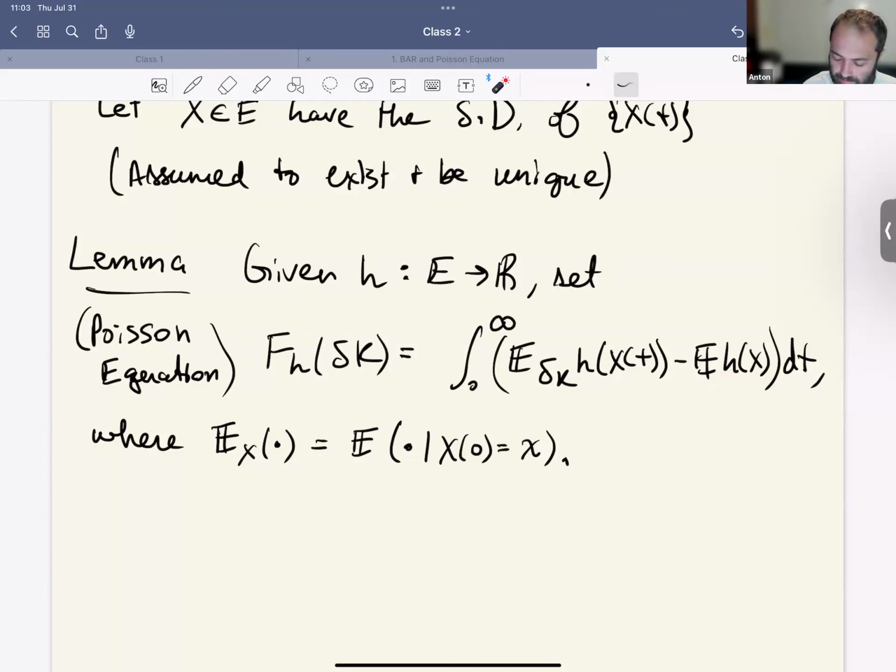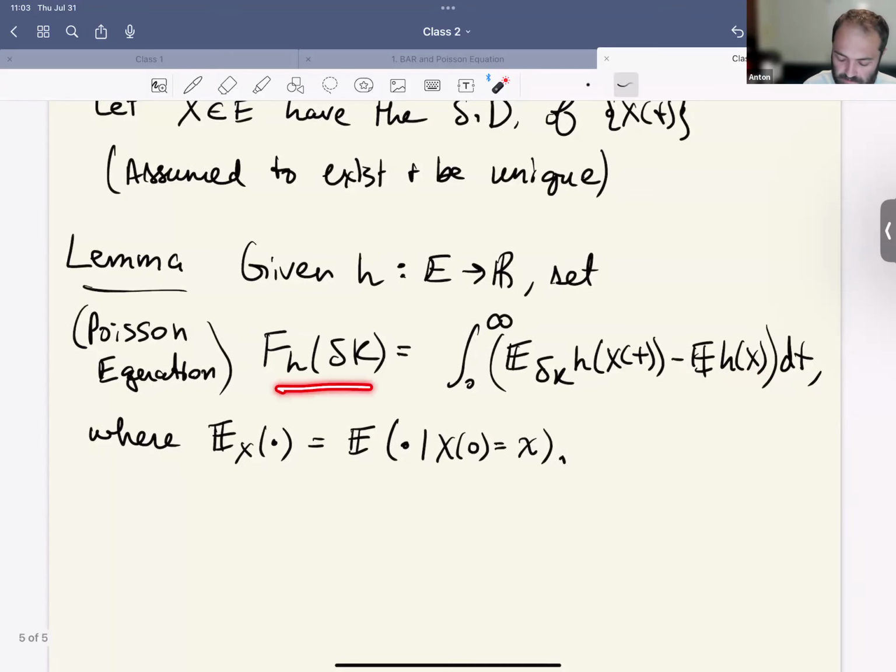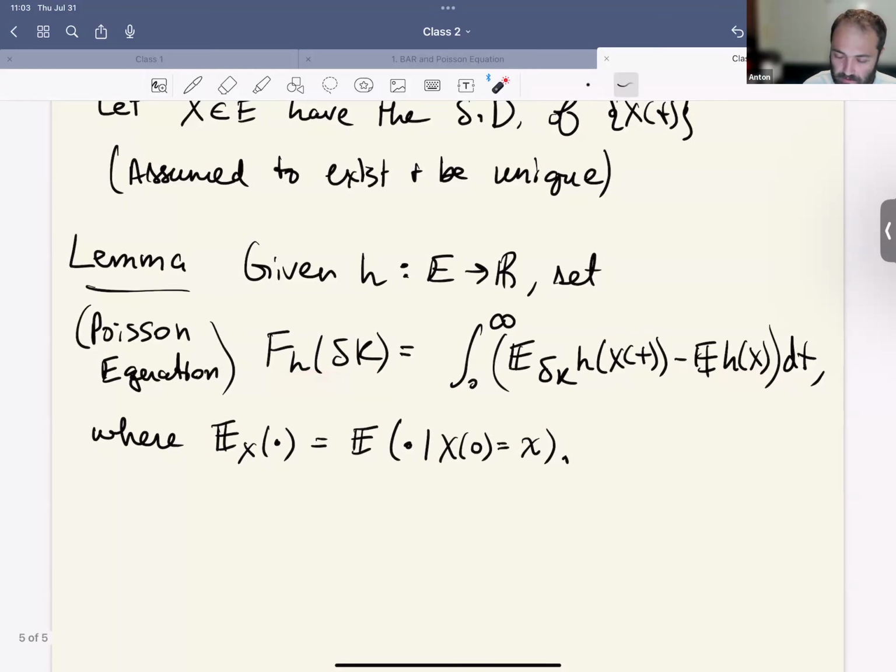So if h is an instantaneous reward obtained from being in some state x, then this function, it's called sometimes the relative value function. It is the value relative to the steady state. It is the value of starting at some state delta k for all time going forward.